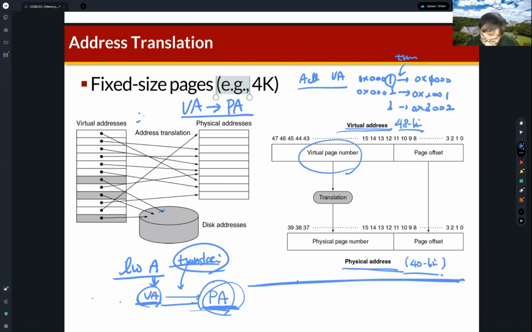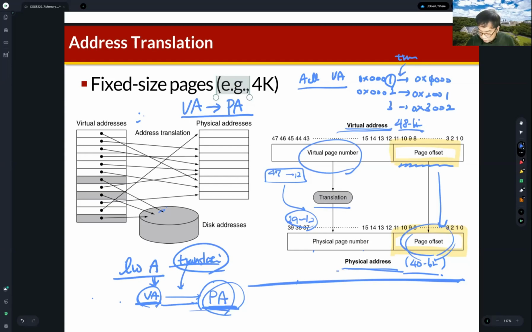So in this example, address bits 47 to 12 are translated into physical address bits 39 to 12, okay? And this lower part is called the page offset. This lower part is not translated. This lower part is just copied to the page offset field of the physical address.